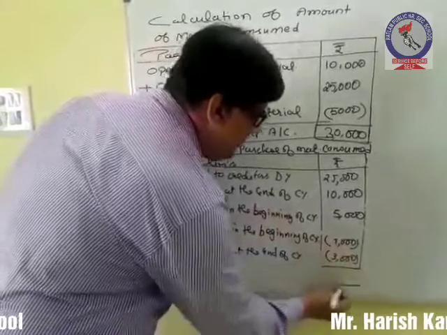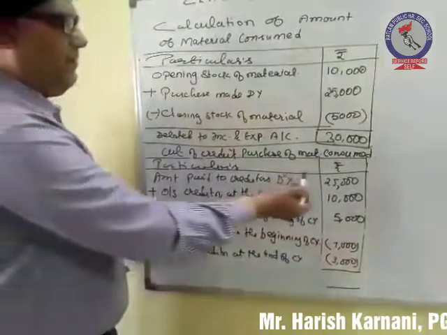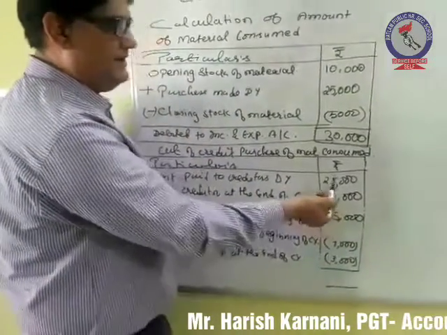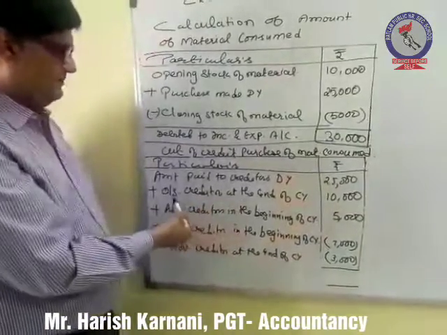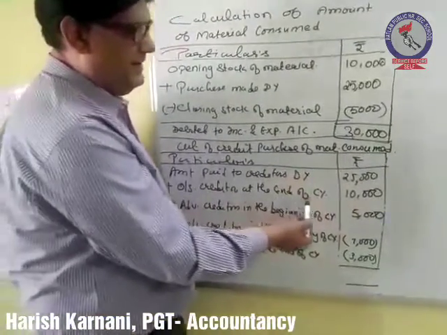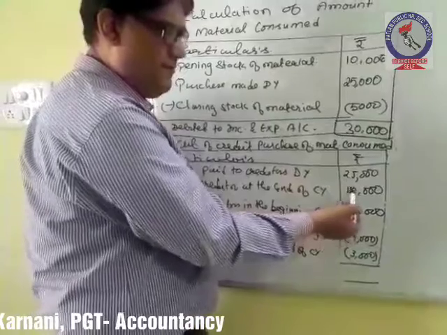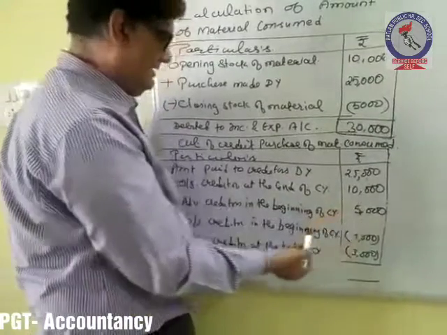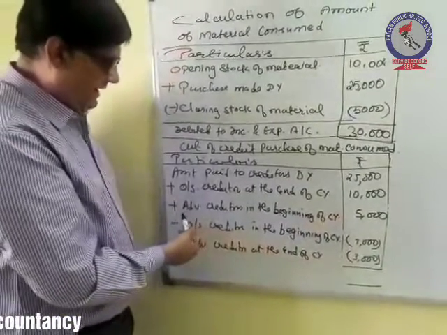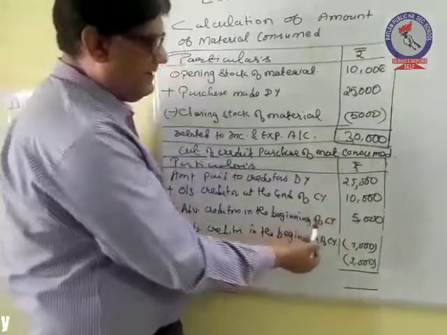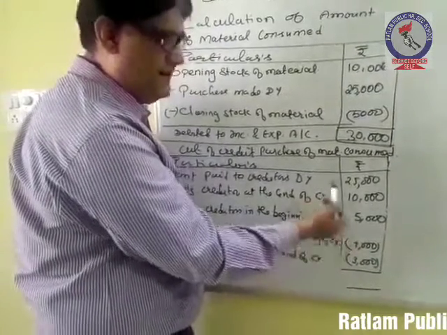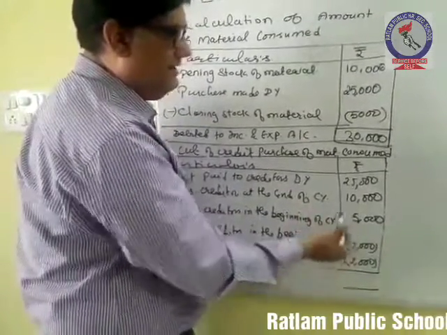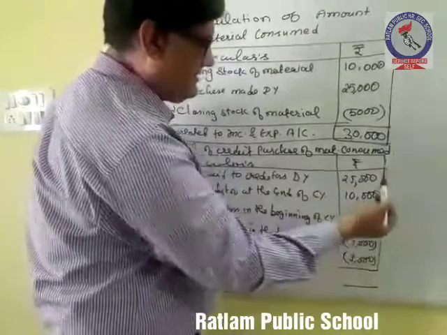So the amount paid to creditors during the year given was 25,000. Then the information was outstanding creditors at the end of the current year, that is, you have not paid the amount 10,000 for the current year, and advance creditors in the beginning of the current year, which you had already paid in advance during the last year, that is 5,000. So the total becomes 40,000.